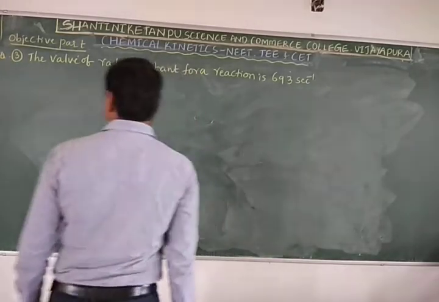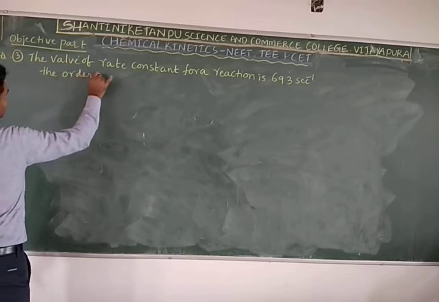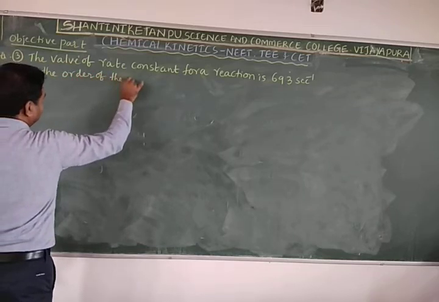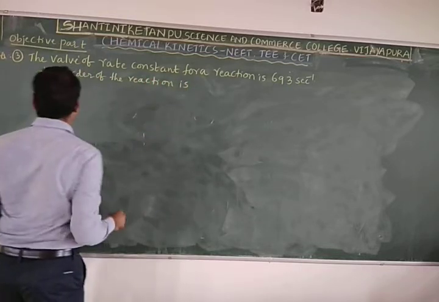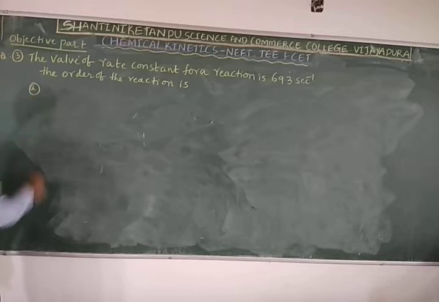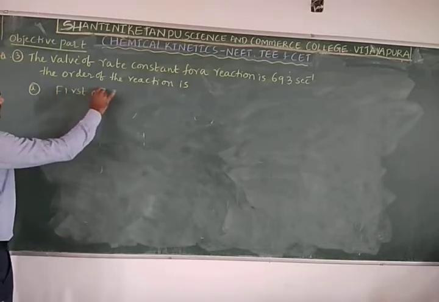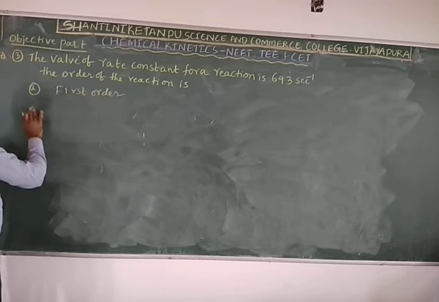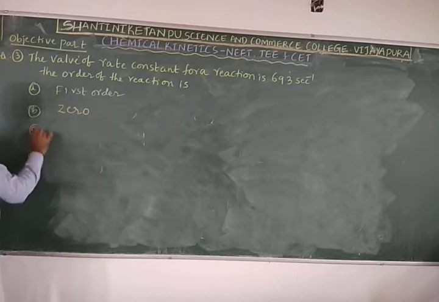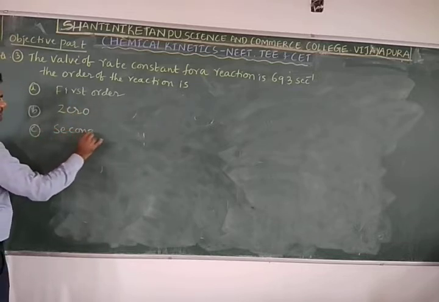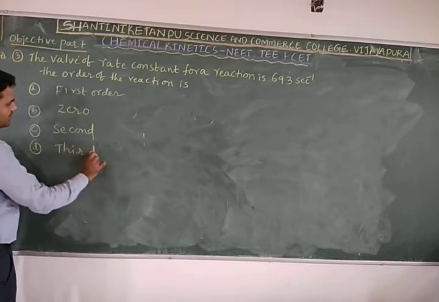And here the question was, the order of the reaction is. Here some options are also given to us. This is first order, and one more zero order, and second order, and fourth option is a third order reaction.